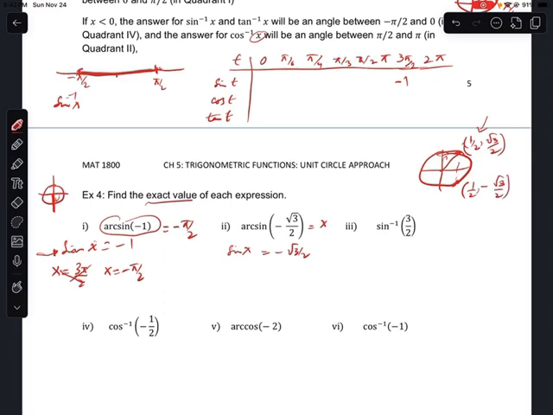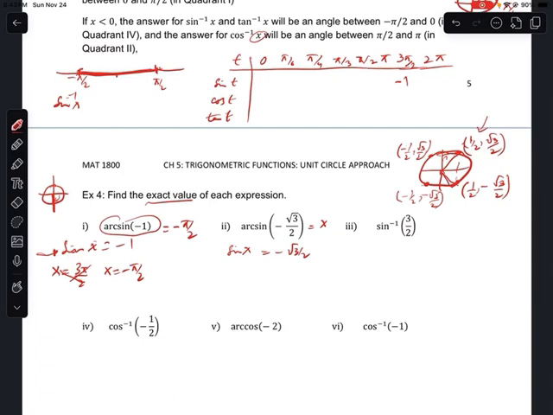Again sine is negative, so the value is in the third or the fourth quadrant, because below the x-axis sine of x is negative, but because we have to stay between negative pi over 2 and pi over 2, the answer will be negative pi over 3. Why negative pi over 3?